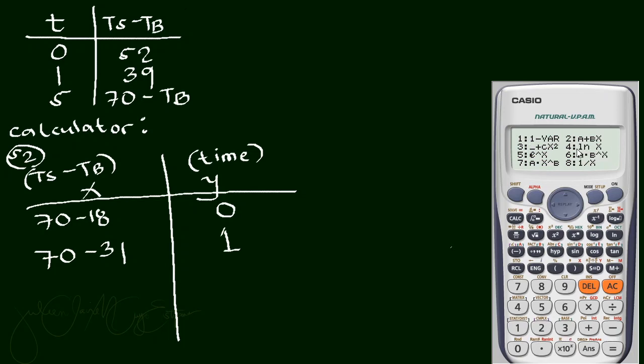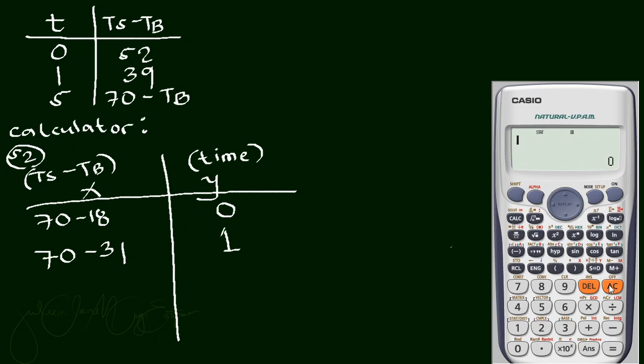And then for type 4, for ln of x, so your x there corresponds to 70 minus 18. You press equals, then next that is 70 minus 31. So press equals again, so let's bring that up so that your time is 0 there for 52, and then for 39 that is 1 minute, so press equals.